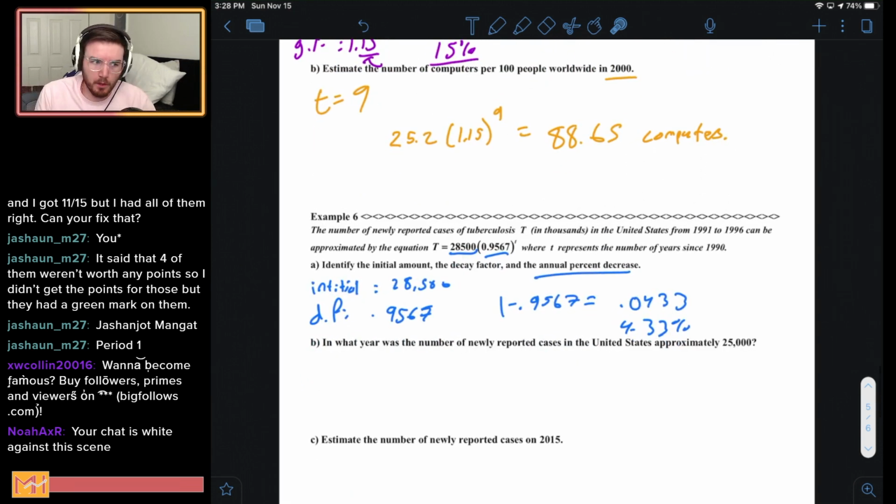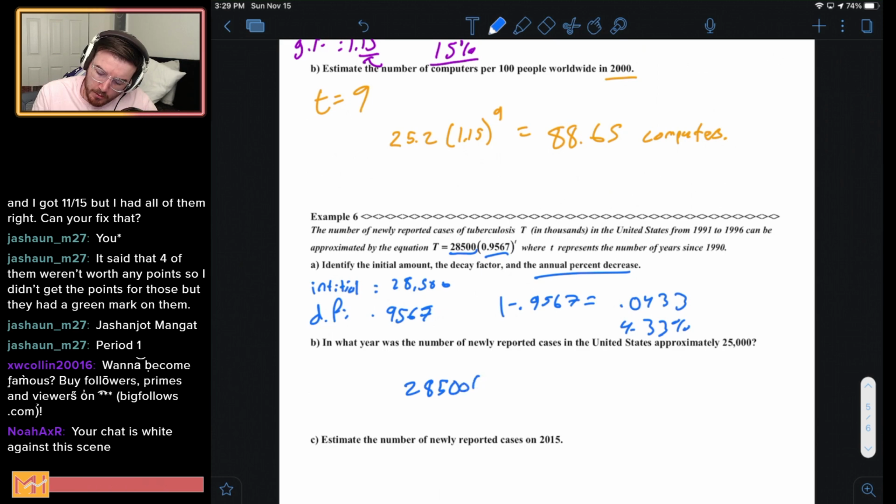Okay, so 4.33%. In what year was the number of newly reported cases in the United States approximately 25,000? So when will our cases be 25,000? Well, we don't know which time. So we're actually solving for t, right?